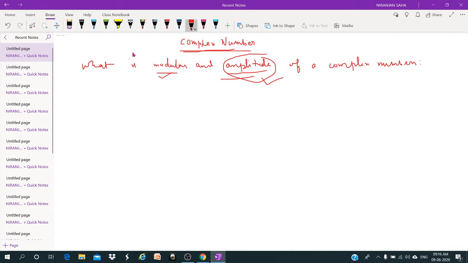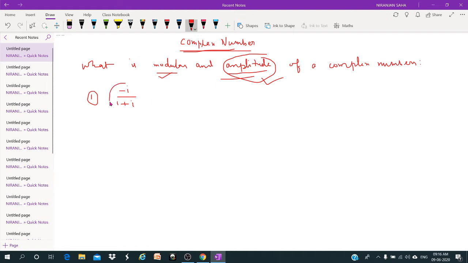The first problem I am taking is an expression given as minus iota by 1 plus iota. We have to find both the modulus and amplitude of this expression.